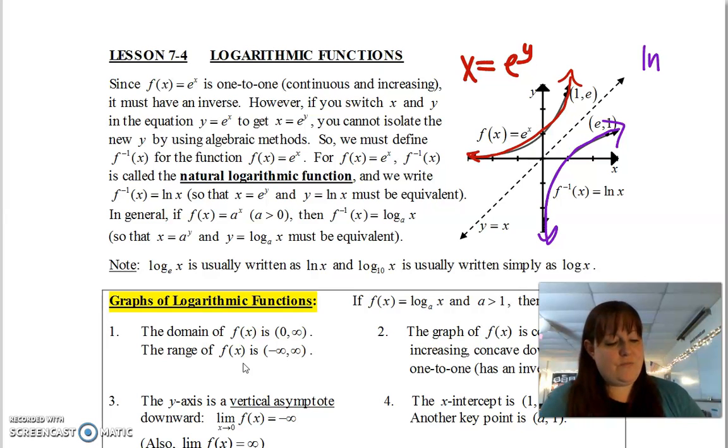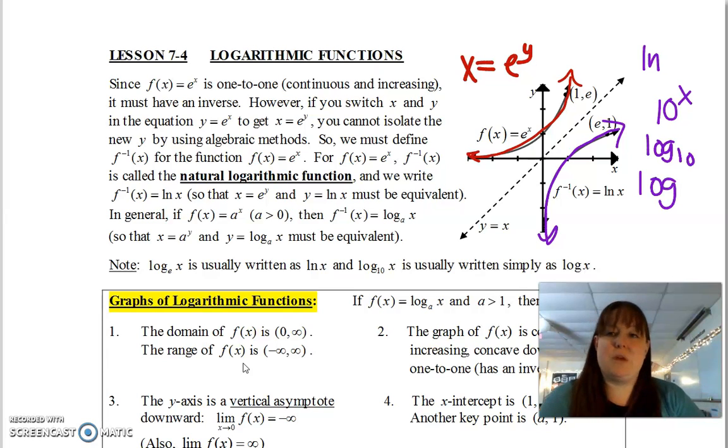Just like, if we have 10 to the x, the inverse of that would be log base 10. And if you remember things from your log stuff, log base 10 is the only one we can write without writing the base. We can just write it as log.